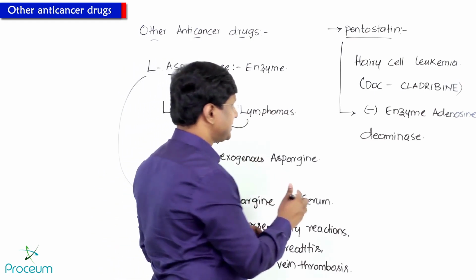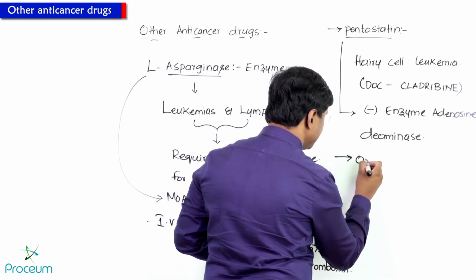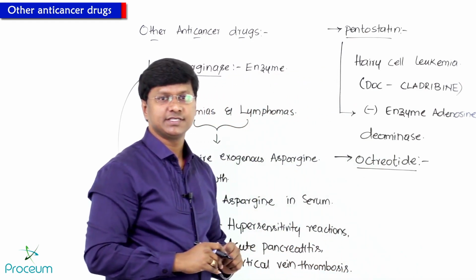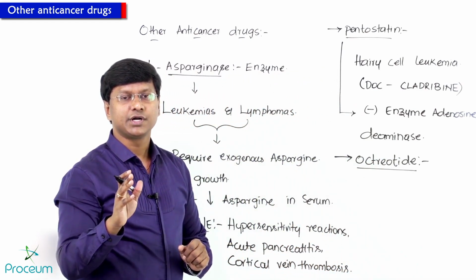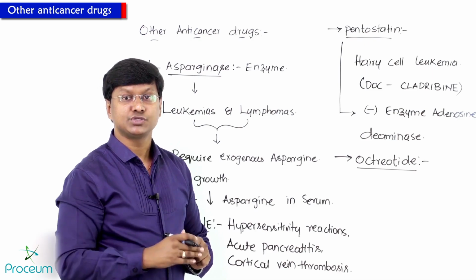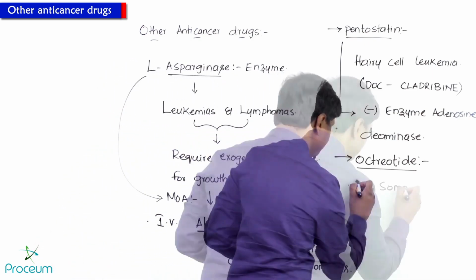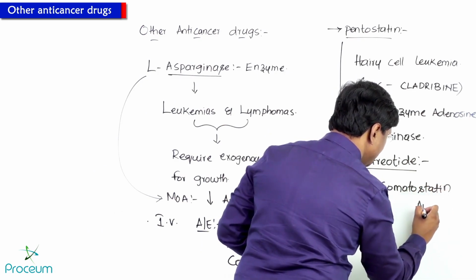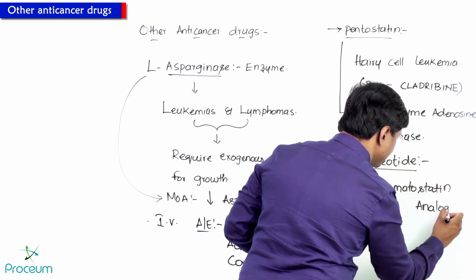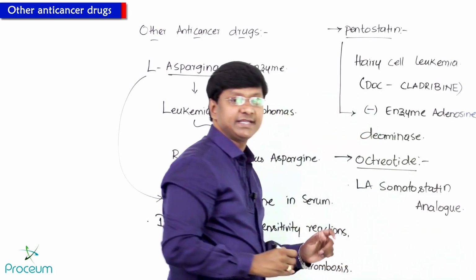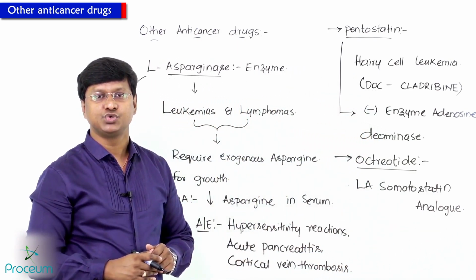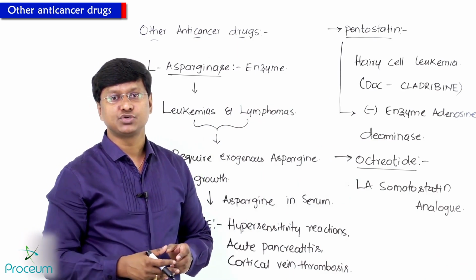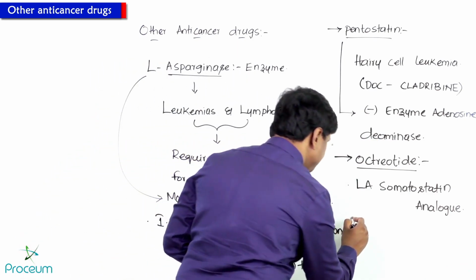Cladribine. Next, we have another important drug, that is Octreotide. Remember, Octreotide is a long-acting somatostatin analog. It is useful in the treatment of islet cell carcinoma of the pancreas.